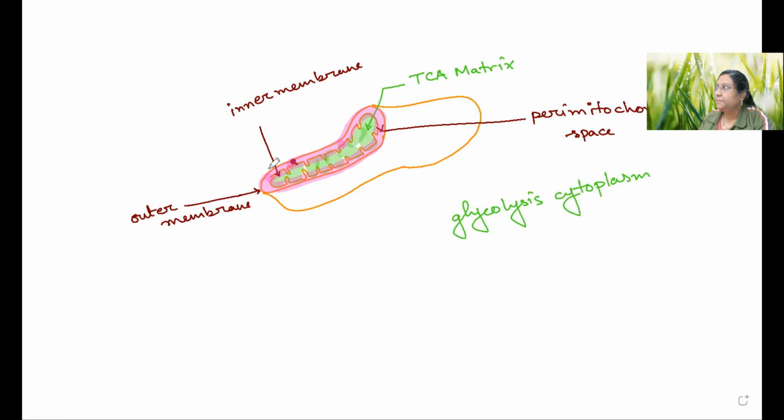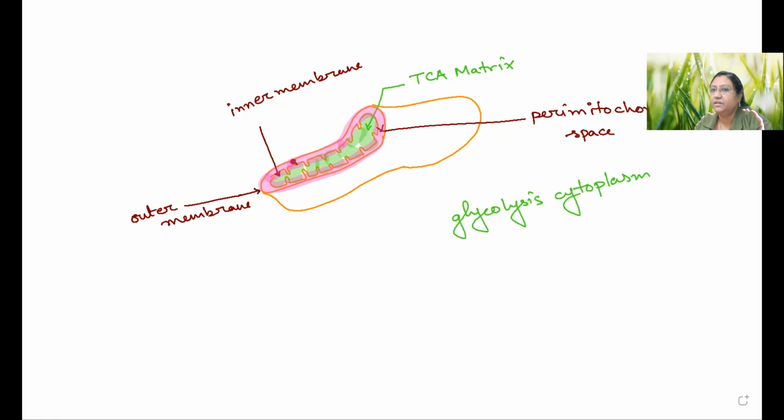So here, when I am talking about movement of something, or proton motive force, we talked about it already in the chapter photosynthesis, where there is movement of proton between the thylakoid and the stroma, isn't it? Here the proton motive force will be guiding proton from matrix via inner membrane to the perimitochondrial space. Is this part clear?